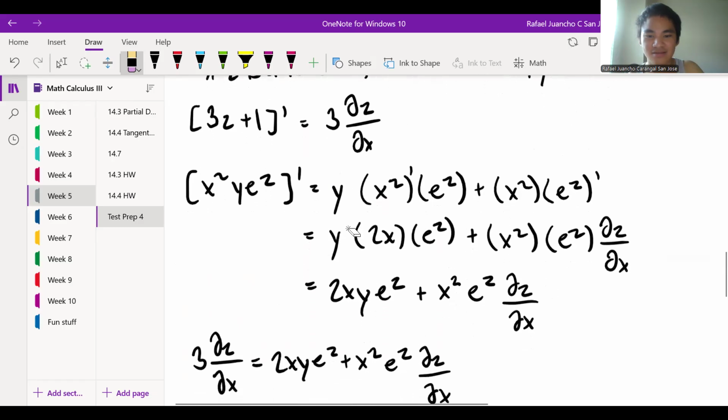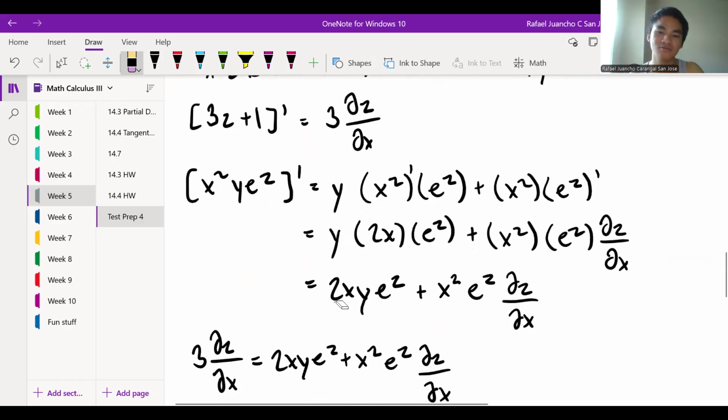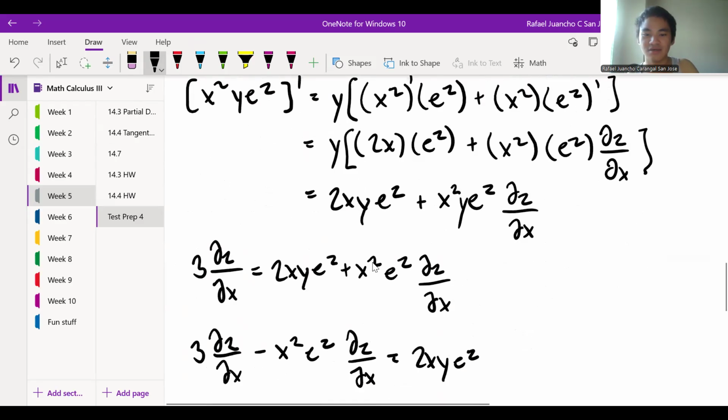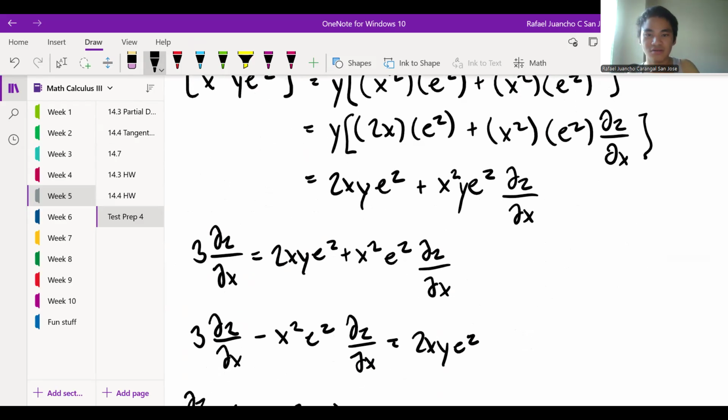Okay. Oh, yeah. So I was supposed to multiply by y. And so I should have a y here as well, right? Because I'm multiplying y to both my terms here. So it was a total mistake.